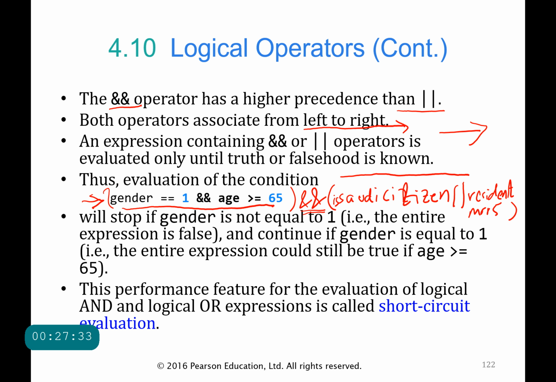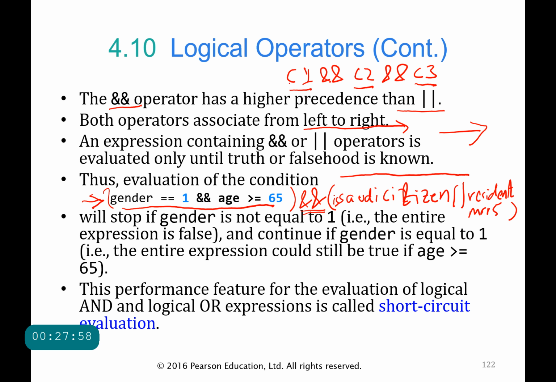So if you have three conditions, C1, C2 and C3, how it will work is it will go from left to right. It will evaluate the first one. If this is true, then it will evaluate the second one. If that is true, then it will evaluate the third one. So put this one here first.